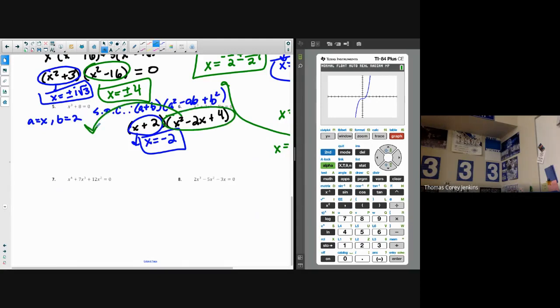I'll tell you what, since I did quadratic formula on the other one, I'll show this one with complete the square. So just imagine this set equal to 0, then we'd have x squared minus 2x equals negative 4. What completes the square? Half of negative 2 squared would be 1, so I'm going to add 1 to both sides.